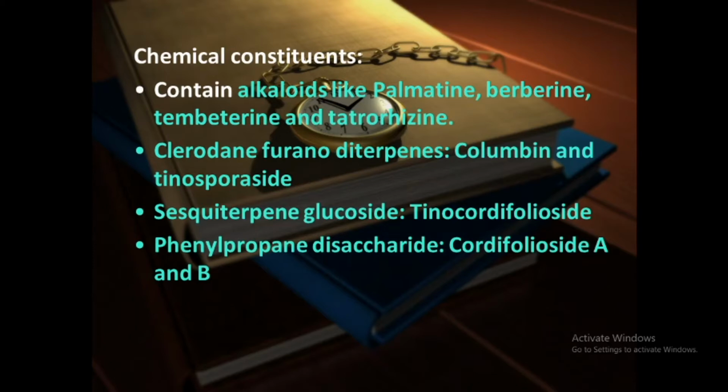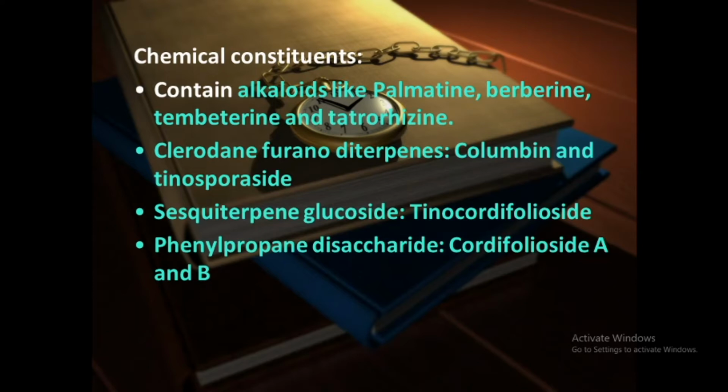So alkaloids like palmatine, berberine, tembetarine and tetrahydropalmatine: the 4 different alkaloids are there in Tinospora stem. Then just see the clerodin furanoditerpenes. So 2 different diterpenes, that is columbin and tinosporoside. These are the 2 different furanoditerpenes in Tinospora.